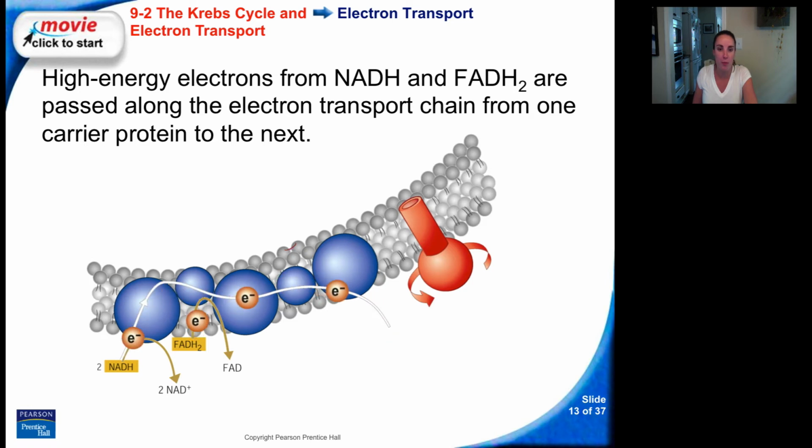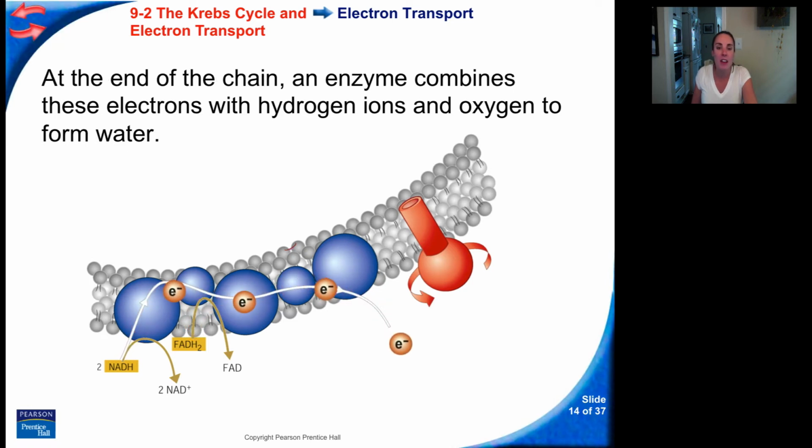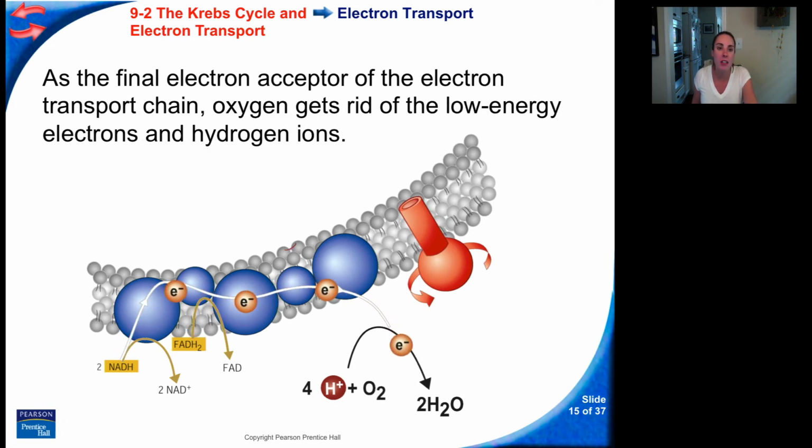Boom, boom, boom. At the end of the chain, an enzyme combines these electrons with hydrogen ions and oxygen to form water. So water is also a product of cellular respiration, and it is a product of the electron transport chain, so you do need to know that. As the final electron acceptor of the electron transport chain, oxygen gets rid of the low-energy electrons and hydrogen ions.